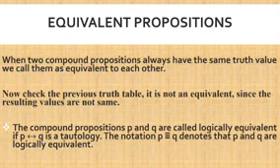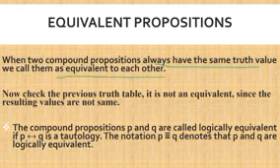Here is about equivalent propositions. When two compound propositions always have the same truth value, then we can call them equivalent to each other. If they have the same truth values, applying the biconditional will give all the values as true. Then that type of answer is called a tautology, which I'll explain in the next slide.